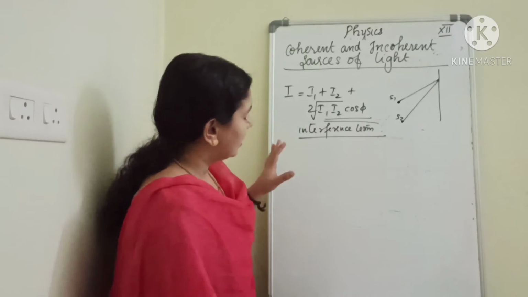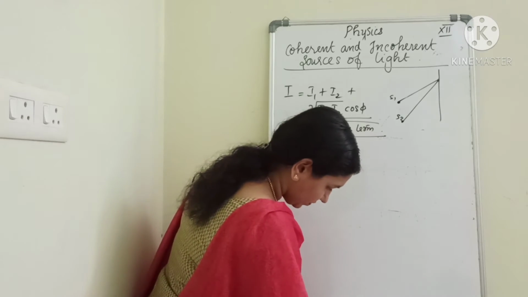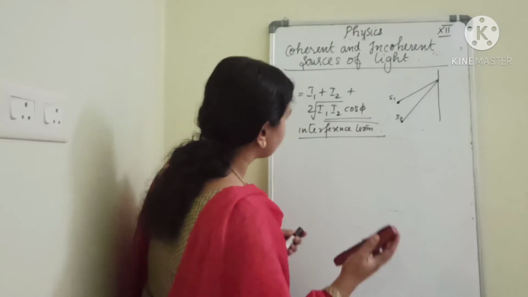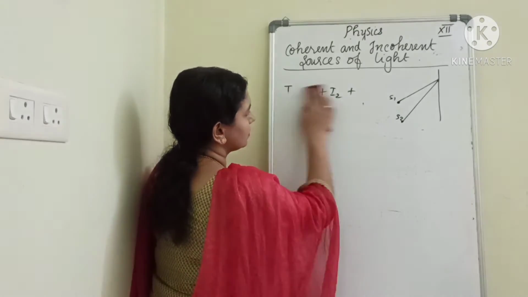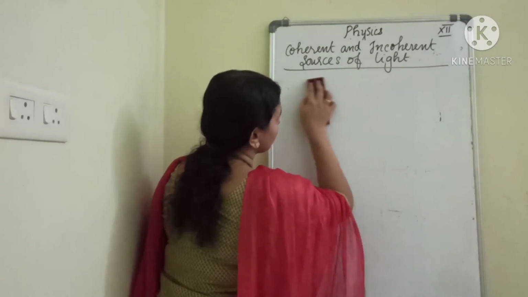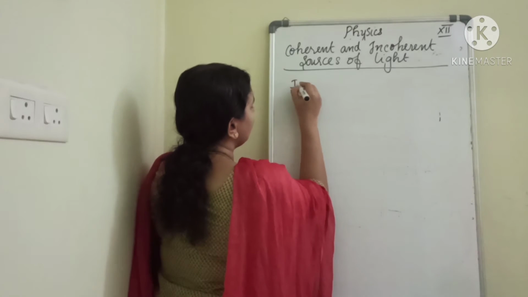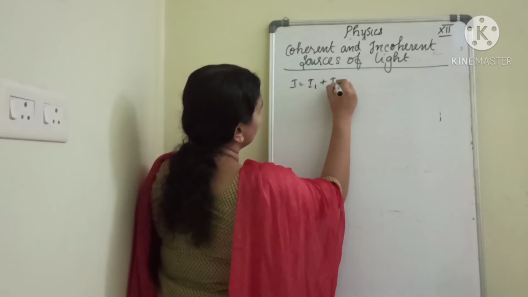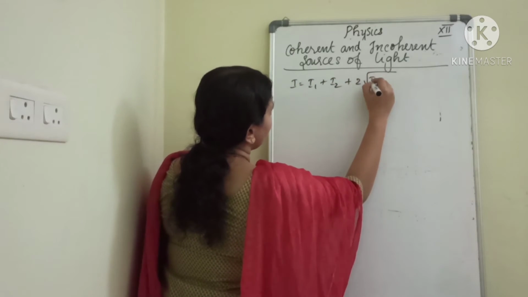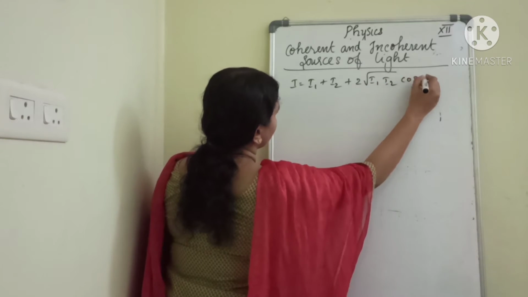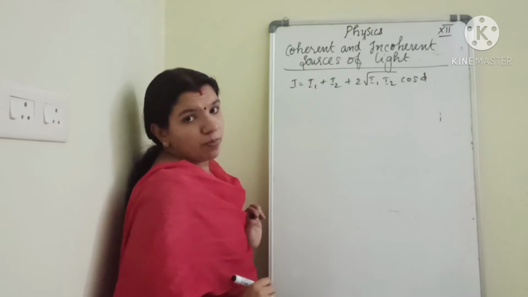Okay. Now here, I equals I1 plus I2 plus 2 root I1 I2 cos phi. Actually there are two possibilities.